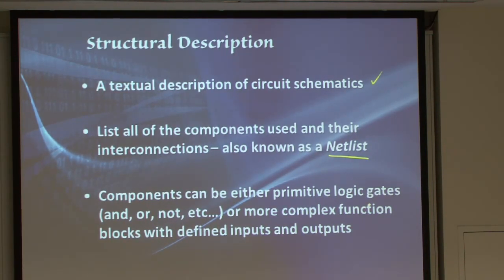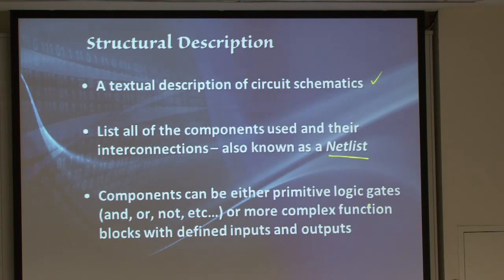Components can either be primitives or more complex functions. The idea is that you can either use those low-level gates, the AND or NOT gates that we've learned, or you can design your own modules, which we'll see now, and then enclose them in those black boxes and use them as a component.